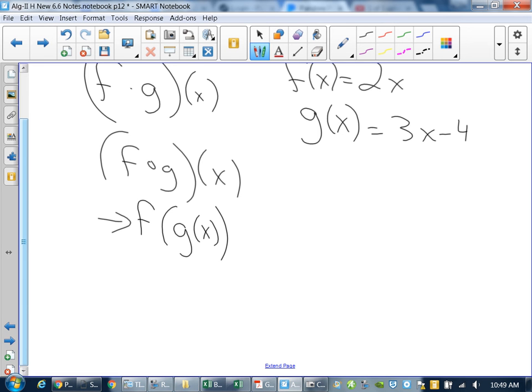And let's say, what is f of 2? That means, which equation do you pick? f. What do you put in for x? 2. What's 2 plus 1? 3. Now, what a composite function would be is, what is g of f of 4?